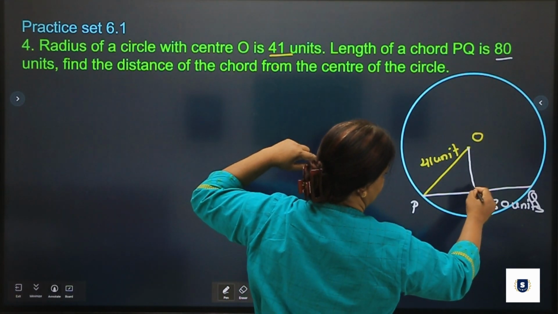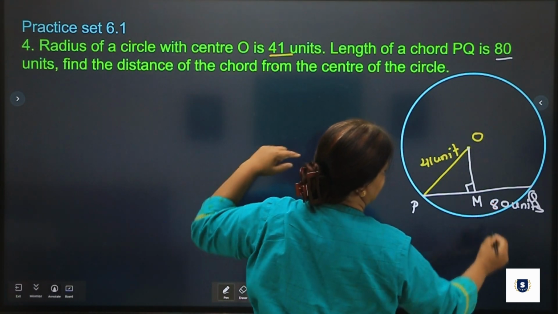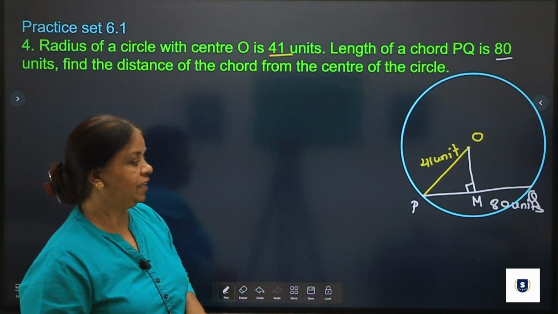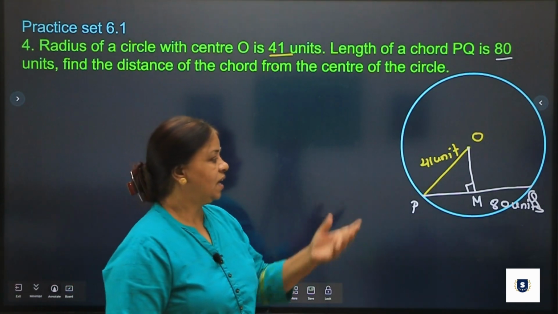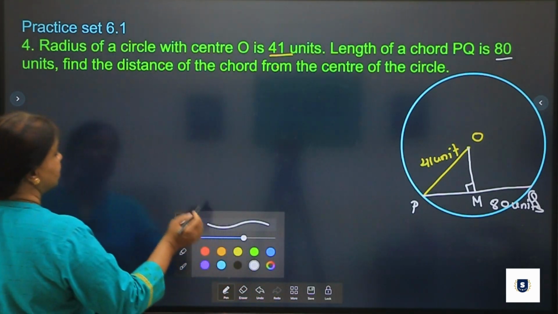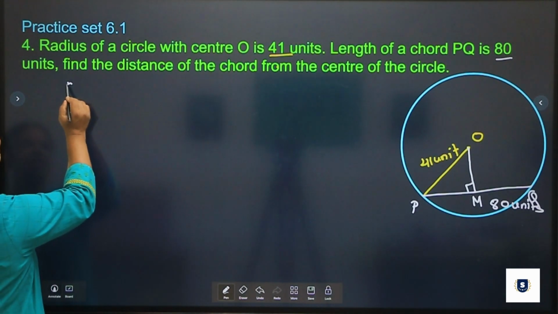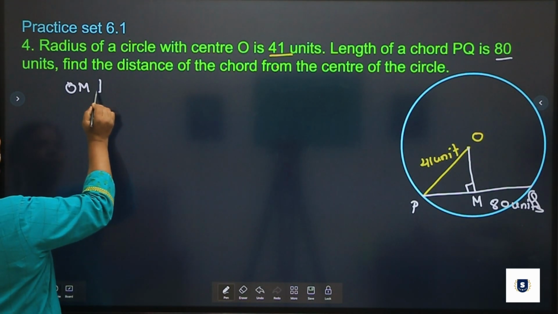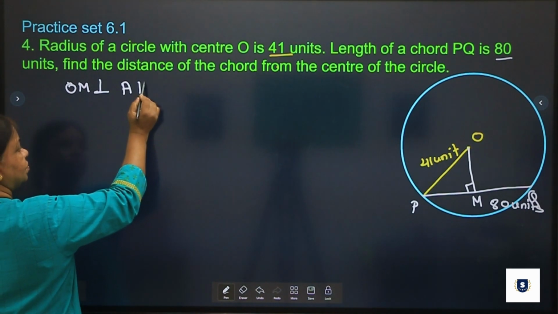Draw a perpendicular line. Label it as M, and we need to find the OM distance. Again, it is so simple. Construction we have done: OM perpendicular to AB.